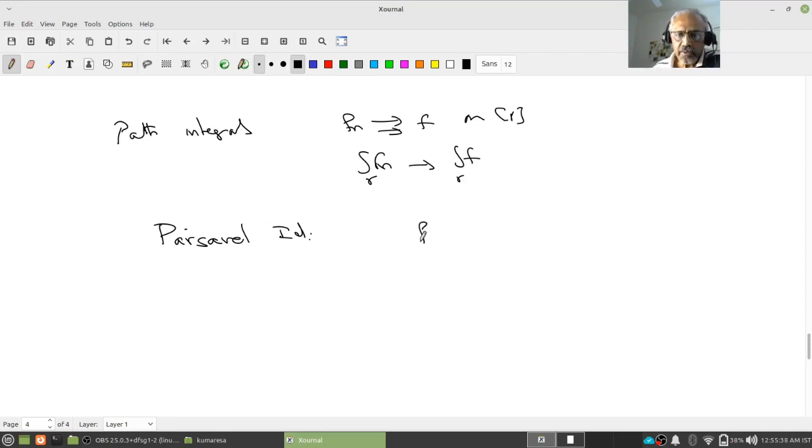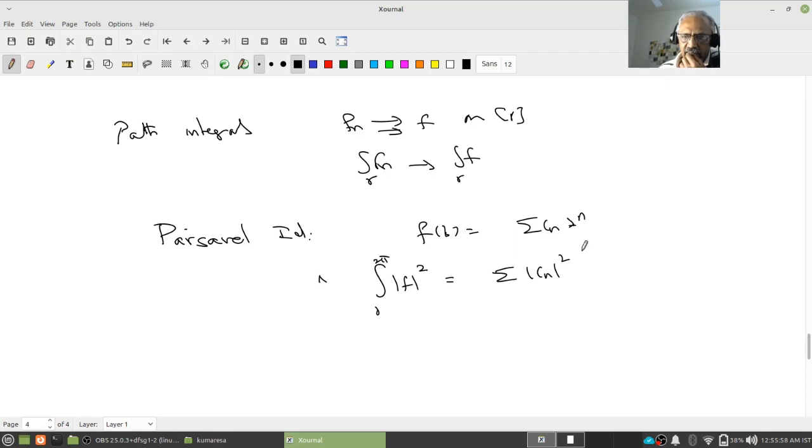So what did we do? If f of z equals the sum of c n z power n, then we said the integral of mod f squared over 0 to 2 pi is the summation of mod c n squared, where we are taking mod z equal to 1 if you want.